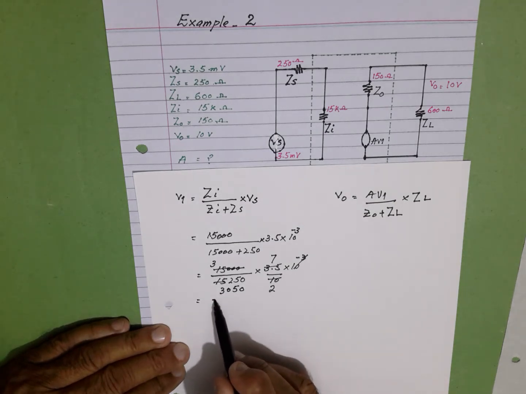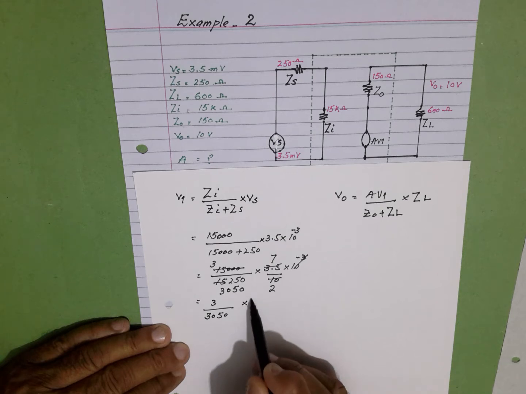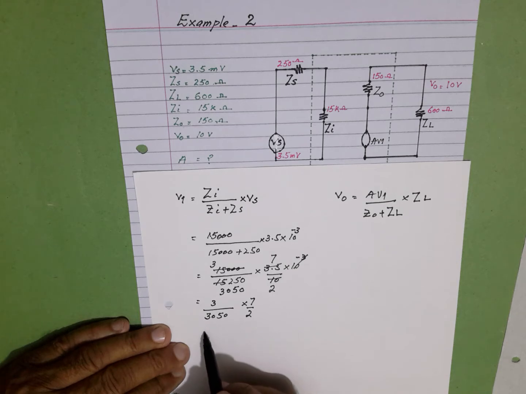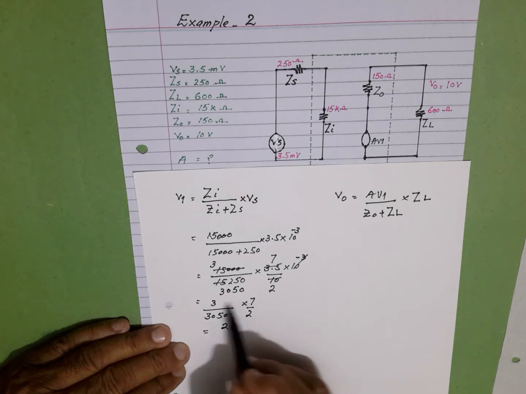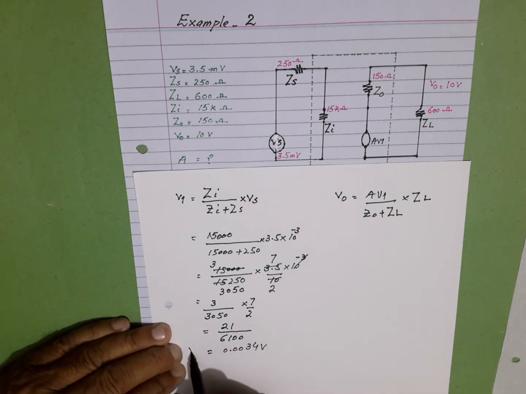This we write as 3 divided by 3050 multiplied by 7.7 by 2, and this is equal to 21 over 6100. 7 is multiplied with 3, and 2 multiplies, and this comes to 21 over 6100, nothing but 0.003 volt. This is V1.